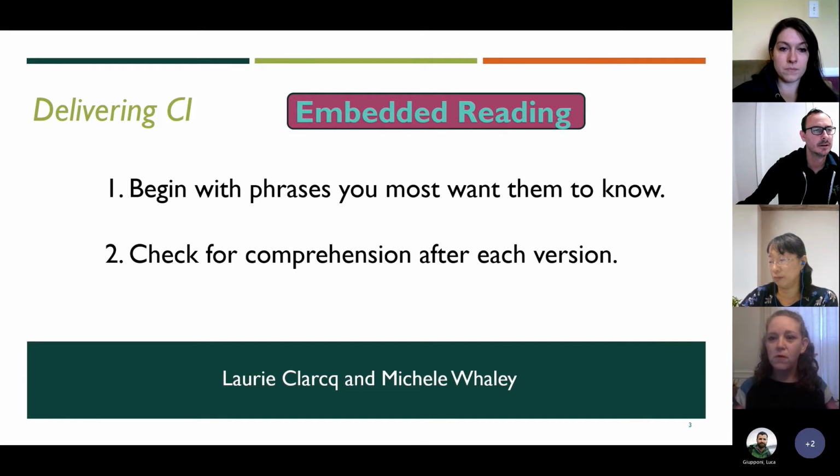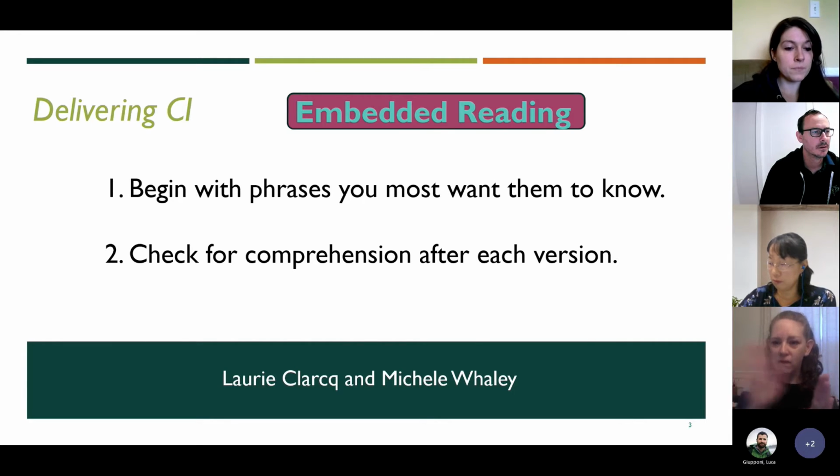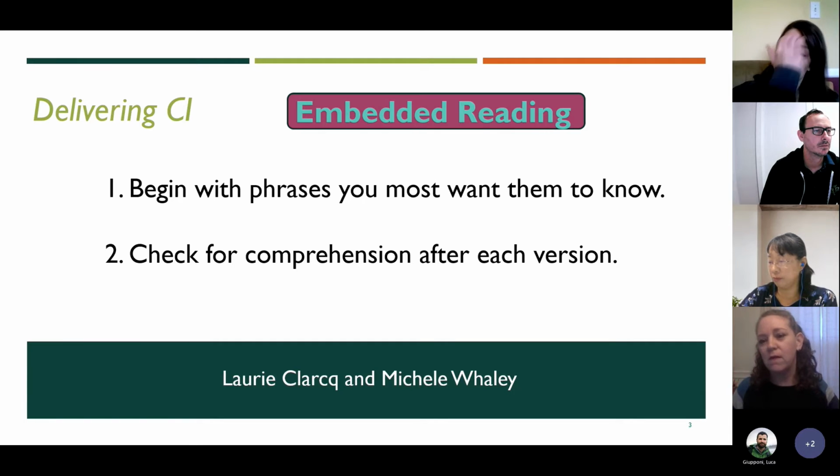And the second version is the exact same story from the first one, except you add more details in between. So now they have a little bit of a longer story, but the first one is still in there. And then you provide a third version with even more details. So you just keep adding more details to the same story.